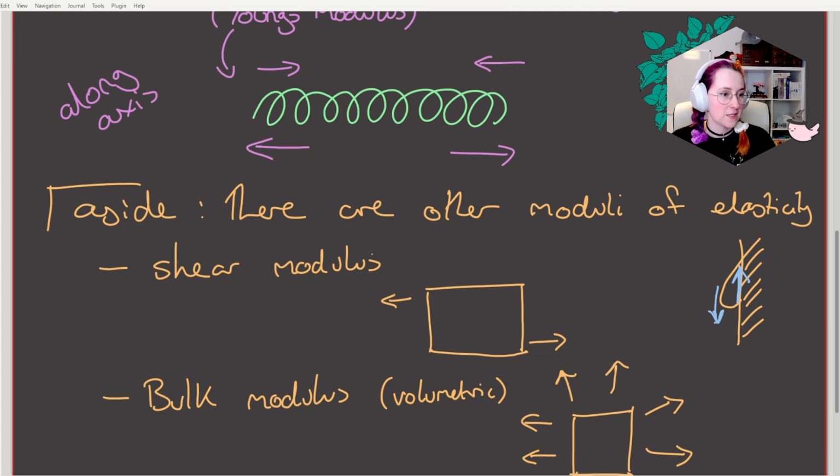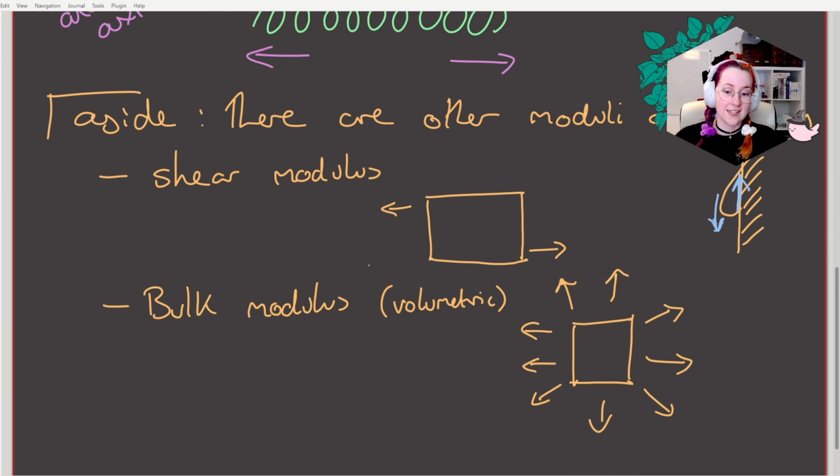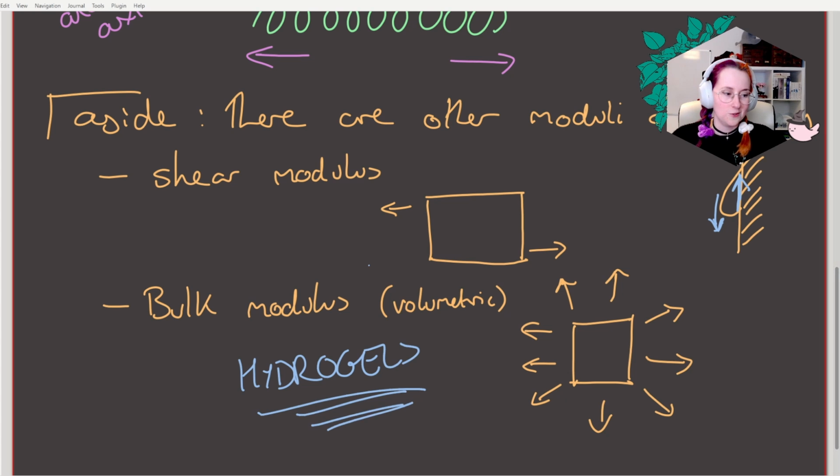There's fun materials that expand massively to turn into a bike helmet and then compress back down. What is it called? Insulation. If you've ever seen people spraying insulation and the foams that expand. Or interestingly, hydrogels, which are the thing that I'm working on now.